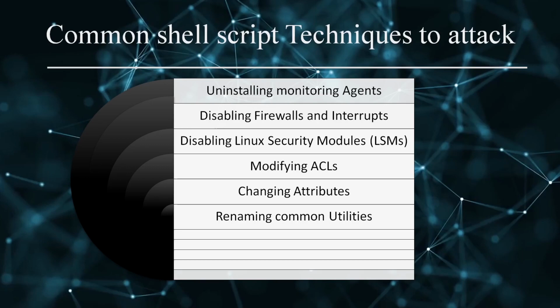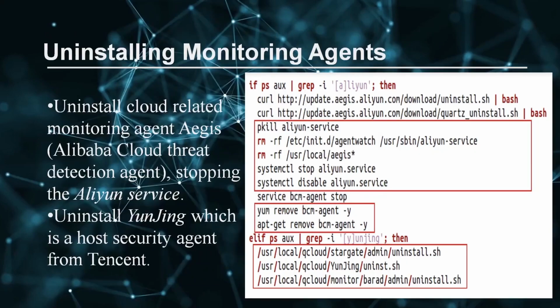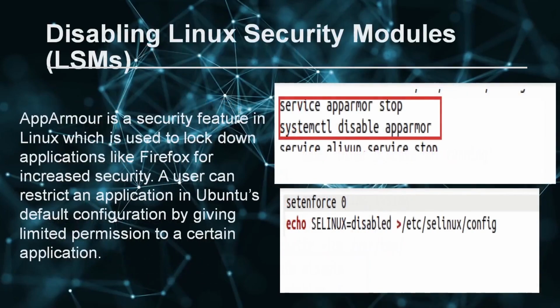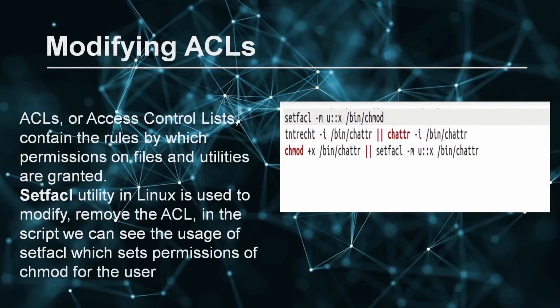We can disable firewall and interrupts, UFW, uncomplicated firewall. Disabling the Linux security module, LSM, disable AppArmor, for example, for Linux. Modifying access control lists, setting permissions on files using the setfacl utility in Linux to modify or remove the access control lists.